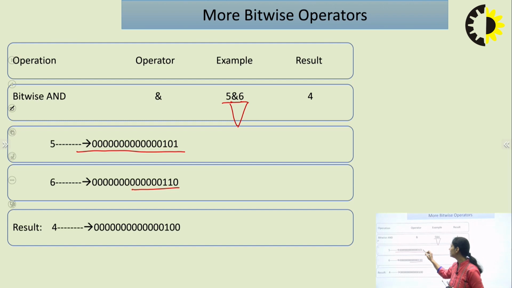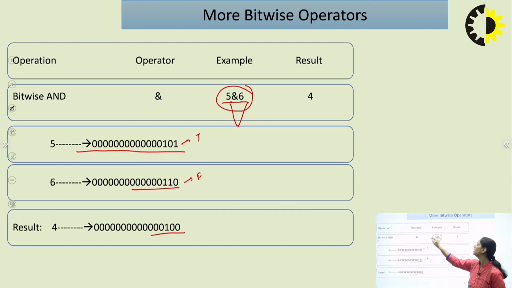So 1 represents true, 0 represents false. 1 and 0 will give us 0 because true and false gives us false. 0 and 1 again 0, 1 and 1 will return 1. So the binary representation of this is 100, which is 4. Therefore, when this is converted back to decimal, we get the answer for 5 and 6 as 4.